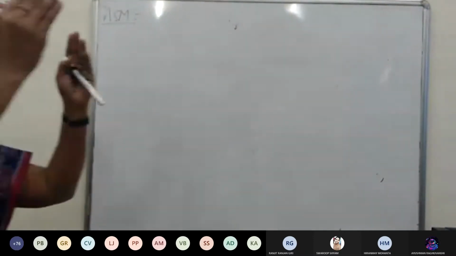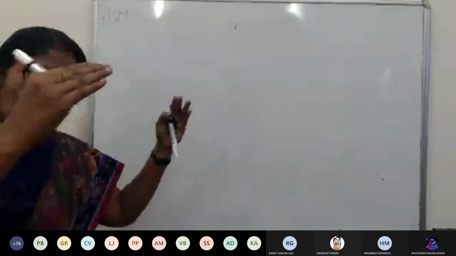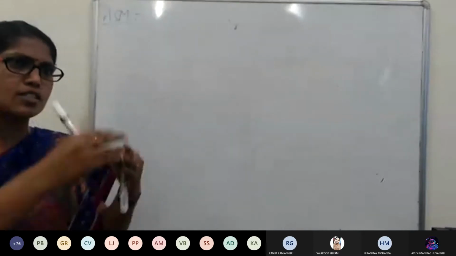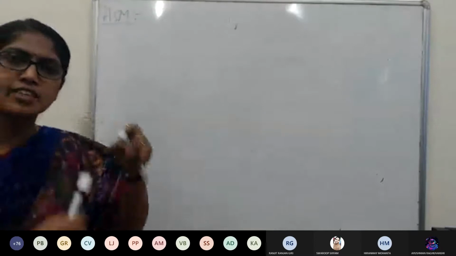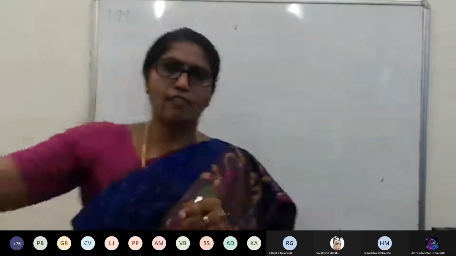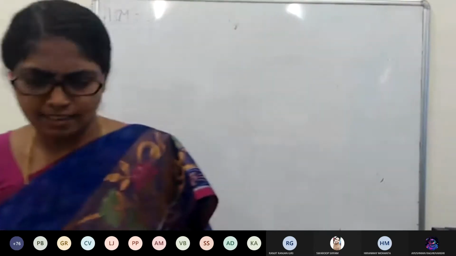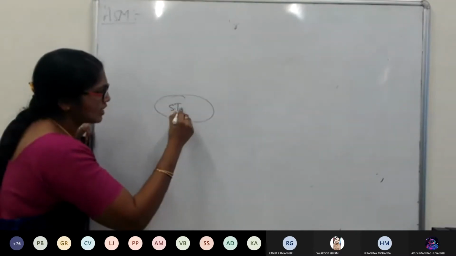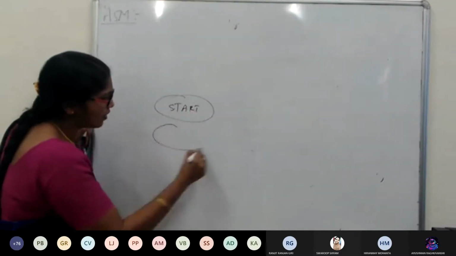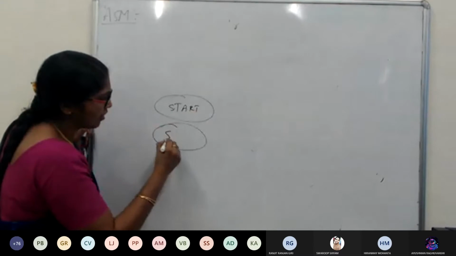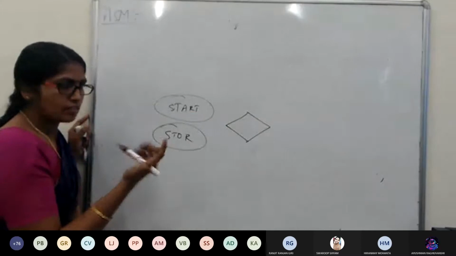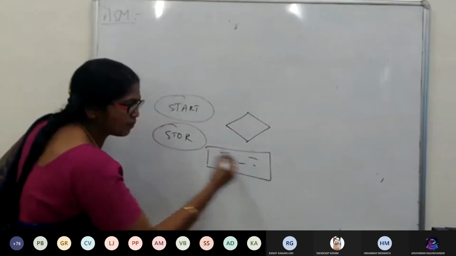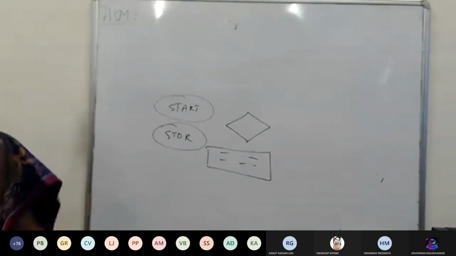You have a start, then some rectangular boxes, then decision nodes with yes or no paths, and then feedbacks. You get oval shapes for start or stop, a rhombus for a decision, and a rectangular box where you explain the step. You remember this?